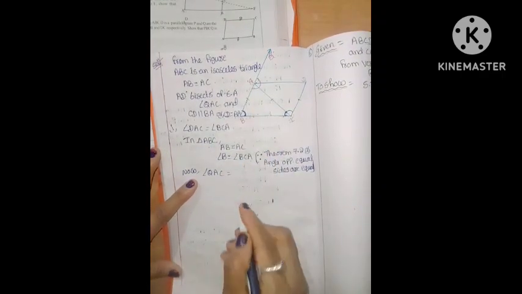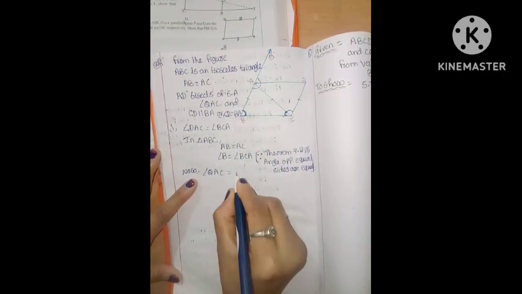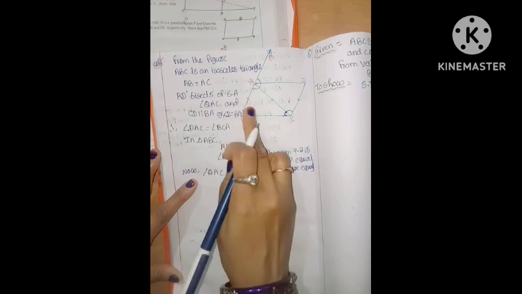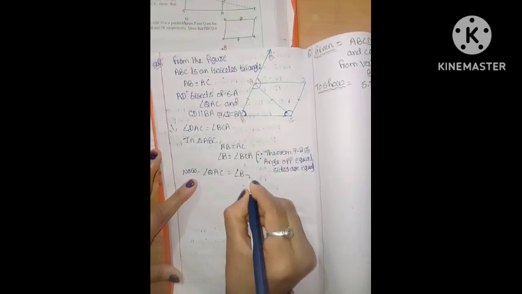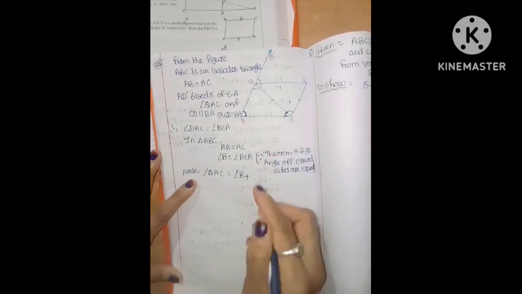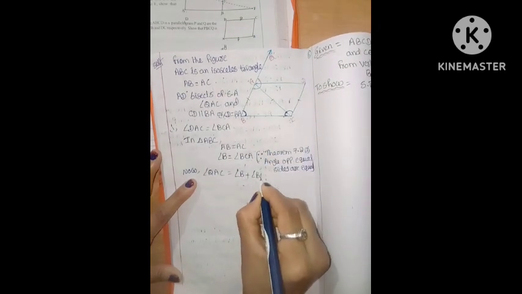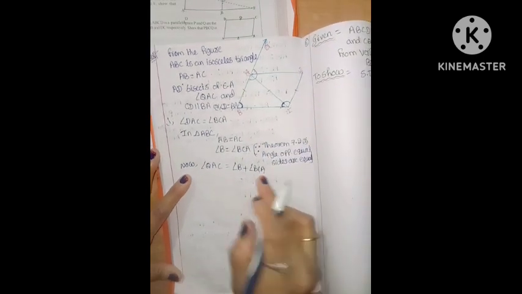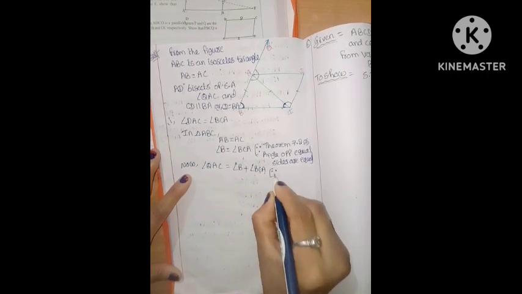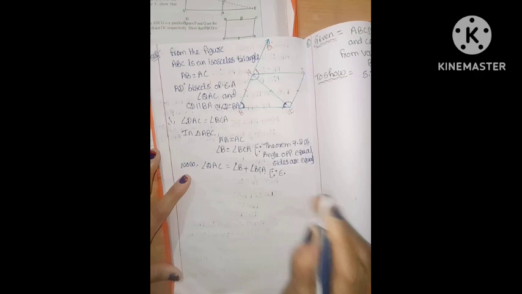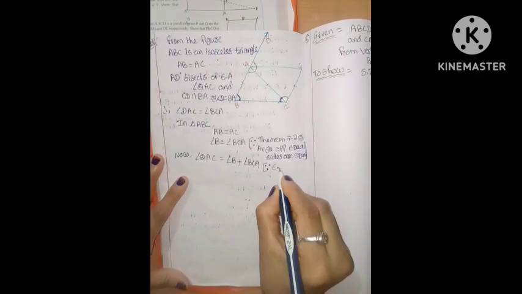So the exterior angle is equal to the sum of these two interior angles: angle B plus angle BCA. Are you understood why these two are equal? Exterior angle property.